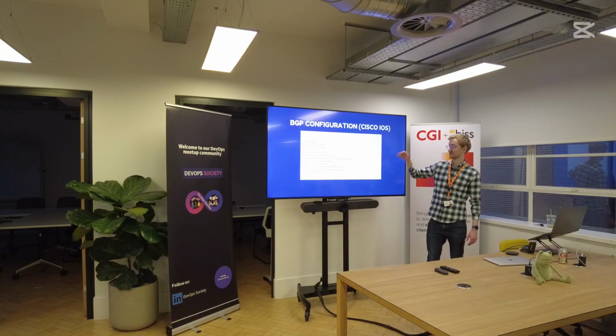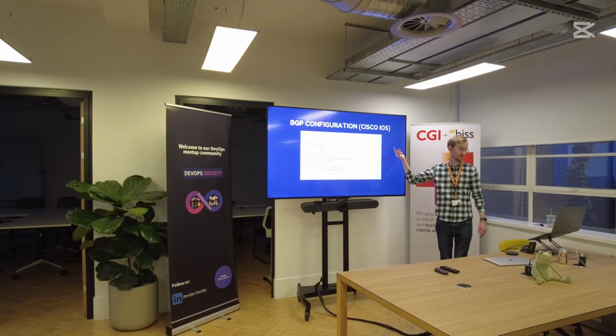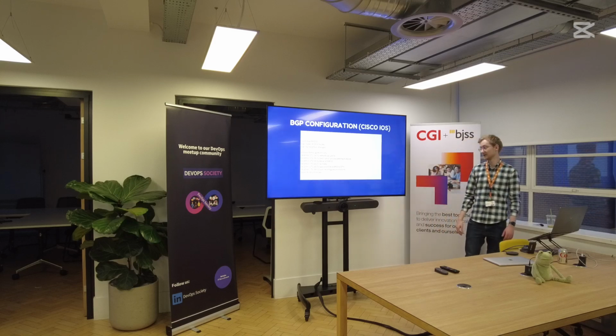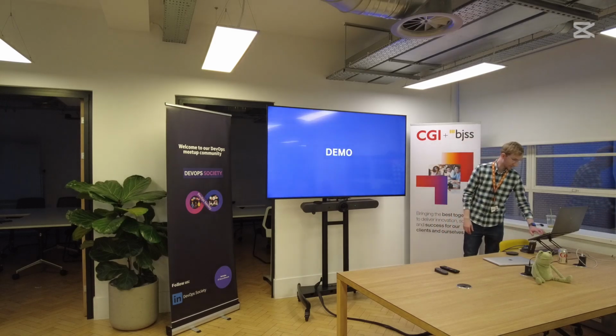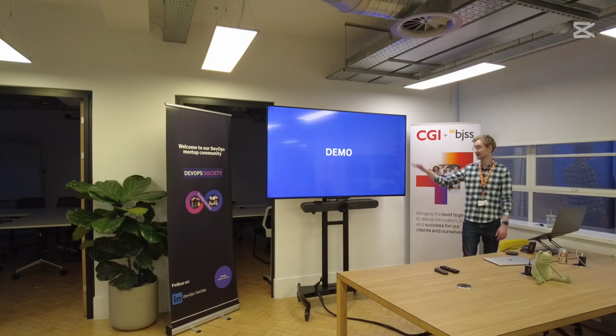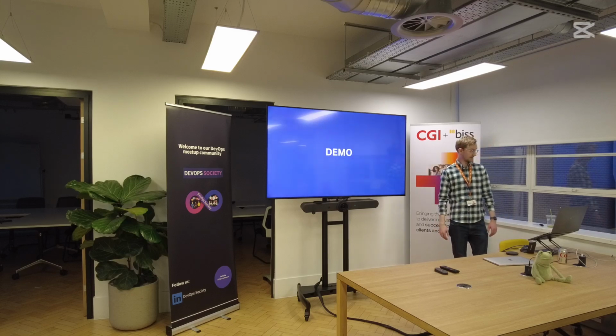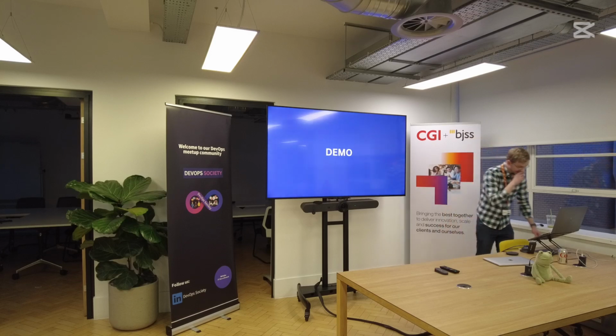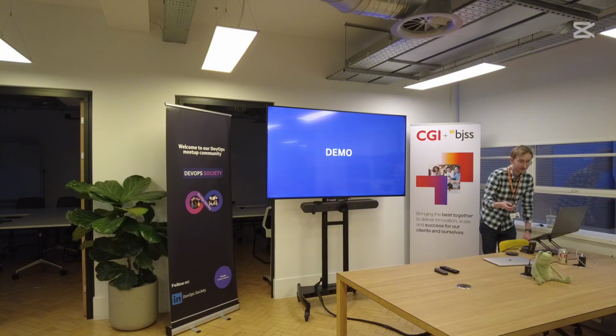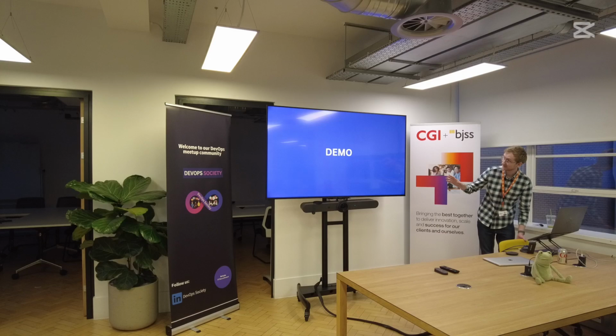And I can, for example, ping a VM and go over ExpressRoute to the device. So yeah, like I said, I will get to the demo. Like I said, I pre-deployed a lot of this. So I'll just walk through how the setup looks like on the Azure side and the provider.